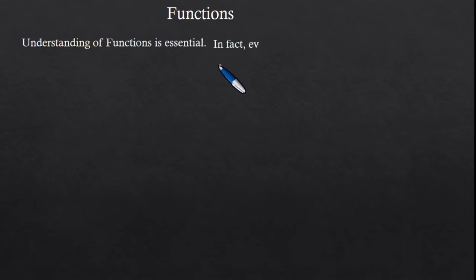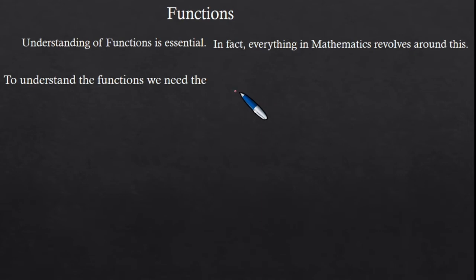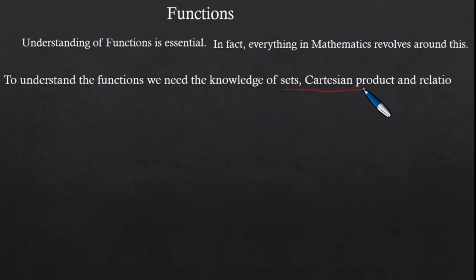Functions. Understanding of functions is essential. In fact, everything in mathematics revolves around this. To understand functions, we need the knowledge of sets, Cartesian product, and relations. I hope you know this.